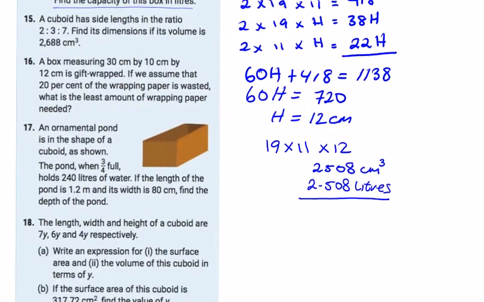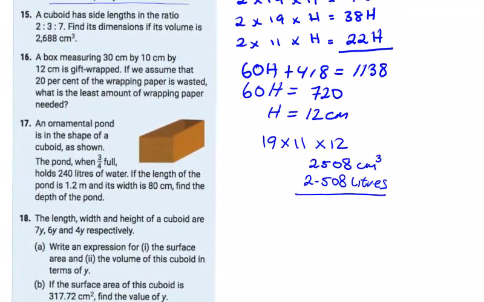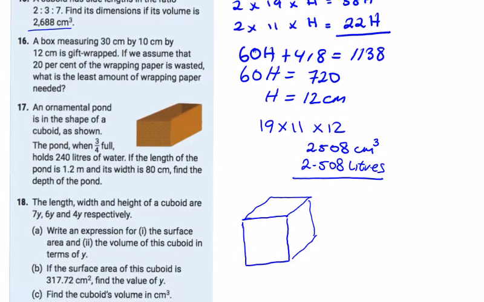Okay, question 15. A cuboid has side lengths in the ratio 2:3:7. So find its dimensions if its volume is 2688. So we do a little sketch just to help here. It doesn't have to be to proportion, but we've got a cuboid, and we've got the length of 3 sides, 2 to 3 to 7.